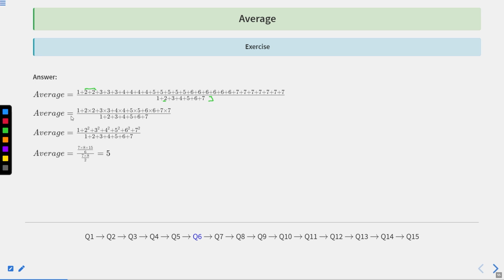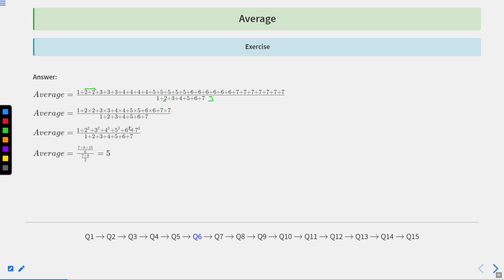On simplifying the numerator, you will have 1 plus 2 times 2 plus 3 times 3 plus 4 times 4 plus 5 times 5, 6 times 6 plus 7 times 7. This is nothing but 1 plus 2 square plus 3 square plus 4 square plus 5 square plus 6 square plus 7 square divided by 1 plus 2 plus 3 plus 4 plus 5 plus 6 plus 7.